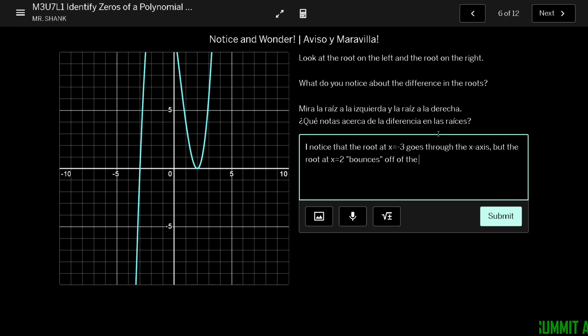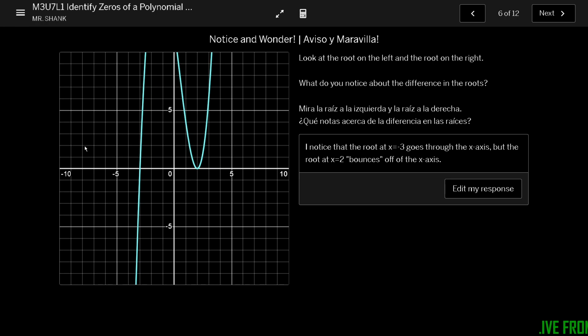What I mean by that is this. If you look at this curve, I definitely have two roots at these 2 points, but they look very different from each other. So at -3, the curve of my function, that green or bluish curve, goes through the x-axis, where the x-intercept at 2, 0 just bounces off the graph.